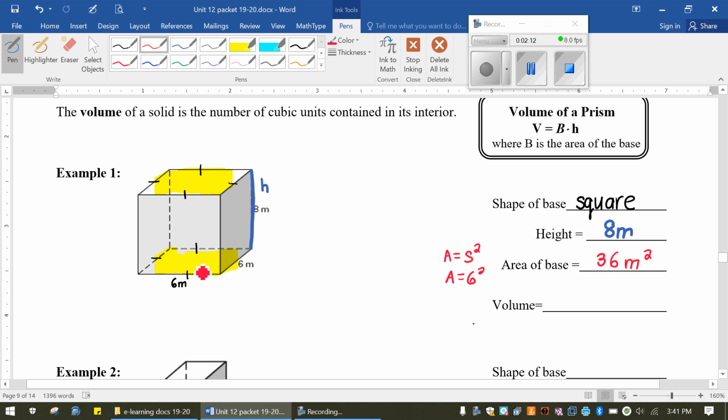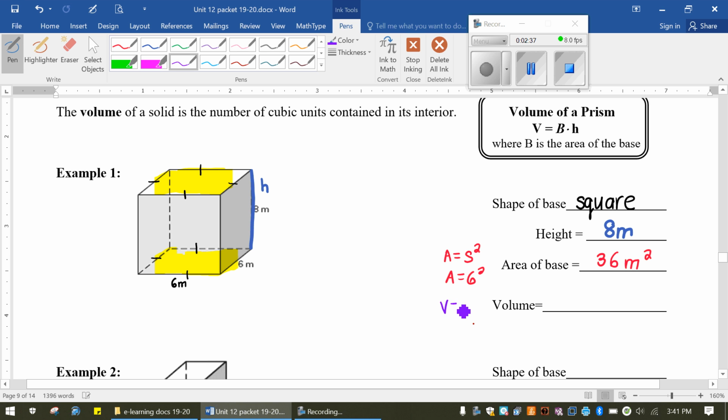What we're going to do for the volume of a prism is take the area of that base and multiply it by the height, how it stacks up vertically. That's what this formula is saying up here. Volume is the area of the base, the area of that square base, times the height of the whole prism.